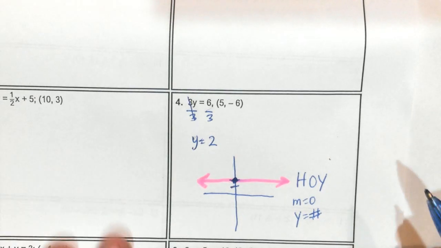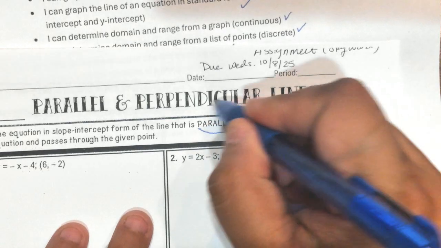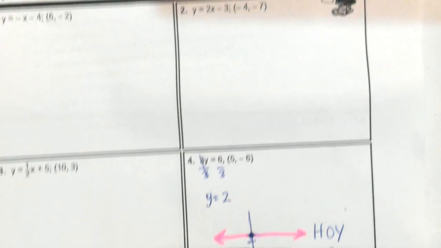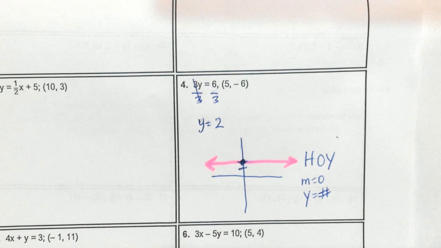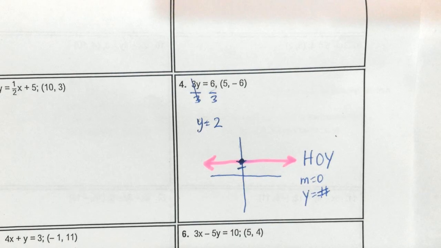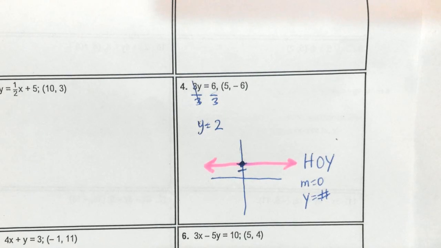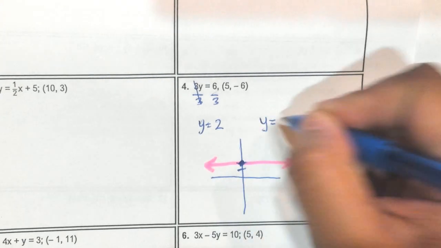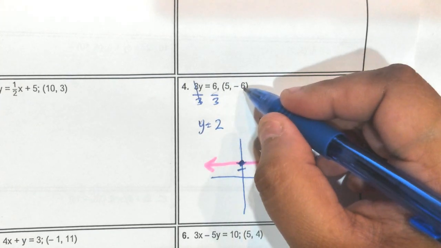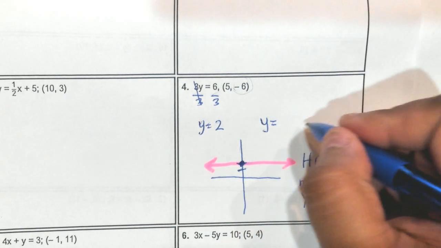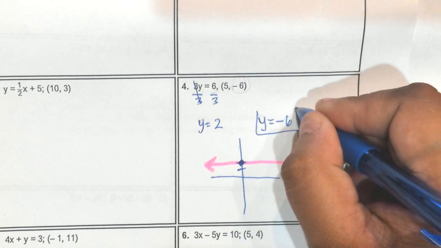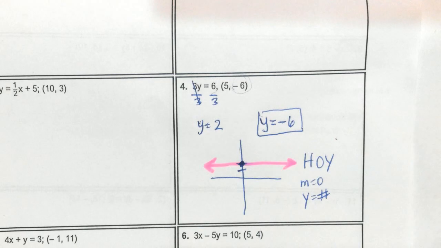Now, if I'm looking for a line parallel to this horizontal line, then I need another horizontal line. So I need another y equals. Well, if this point is on my line, what does y equal? Y equals -6. That's my parallel line.